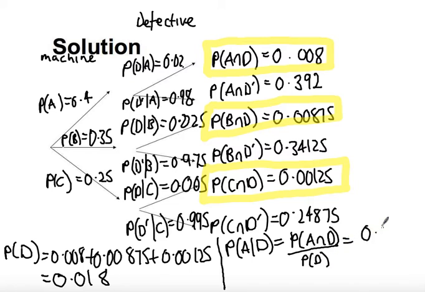So I get 0.008 over 0.018. And when I simplify this as a fraction, we get an answer of 4/9. Okay, so I hope that all made sense.